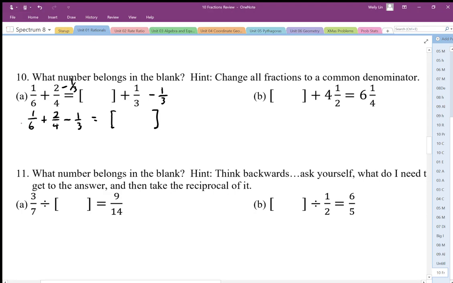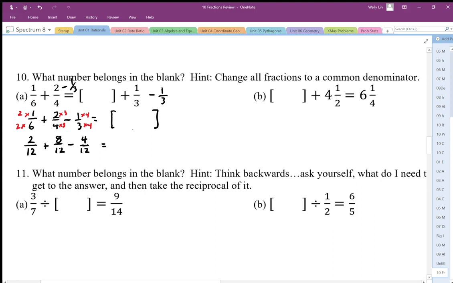So I want a common denominator. So I'm going to do times 2, times 2. I'm going to do times 3 here, times 3 here, times 4, and times 4. So when I get my common denominator, I'm going to end up with 2 over 12 plus 8 over 12 minus 4 over 12.